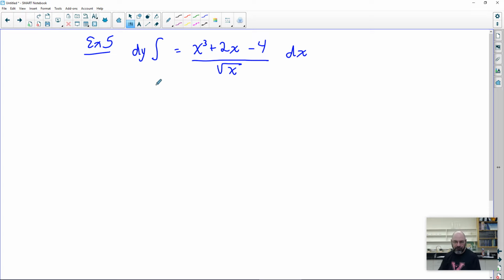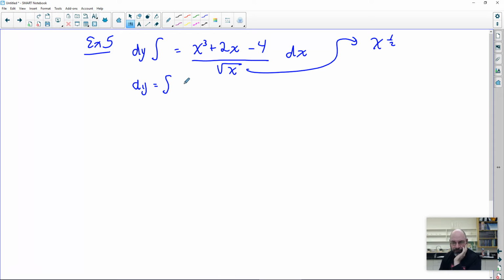Okay, so we have to convert this first. Let's say that I have to convert this. So this is 1/2. So we have to think of this as x to the 1/2. And when you're dividing, you have to subtract.